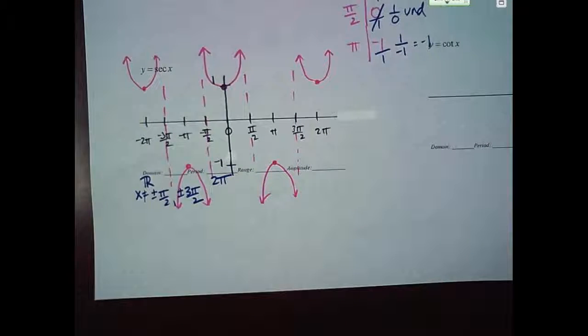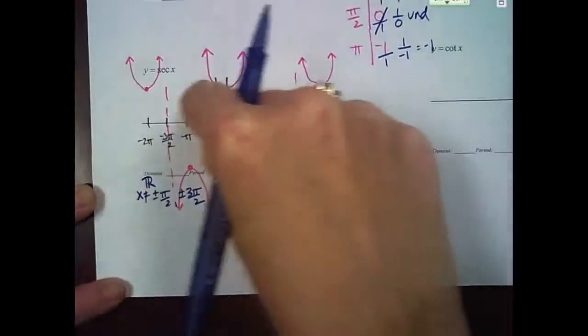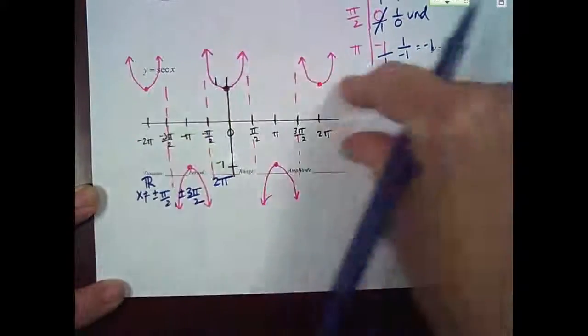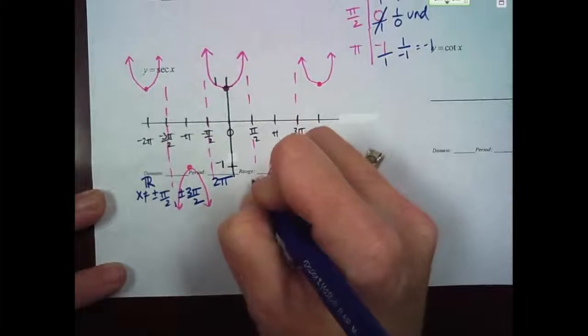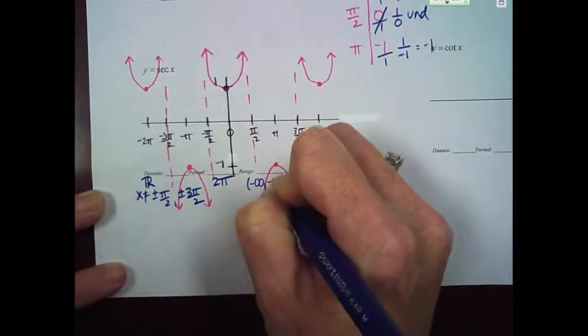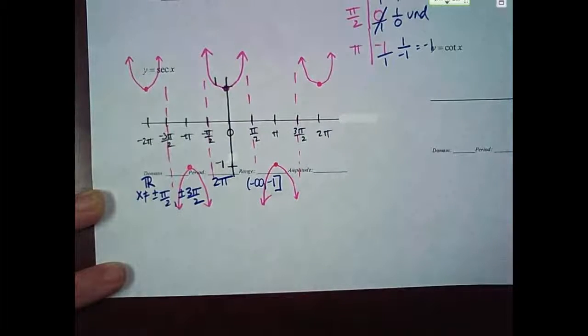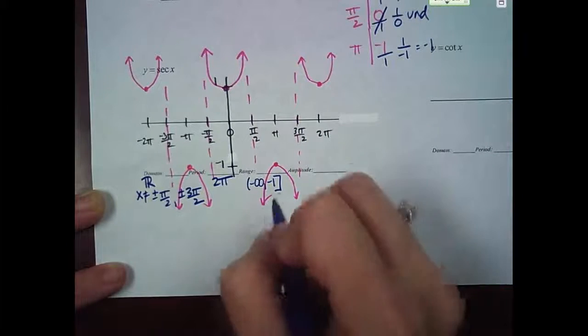And the range again. Does it have that giant hole down the middle? Yes. So for my range, what are we going to get? What did I do before? I went from negative infinity to negative 1. There's a bracket around negative 1, and I put 0 around infinity.